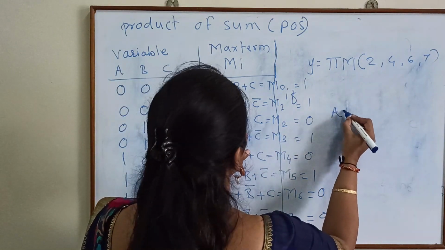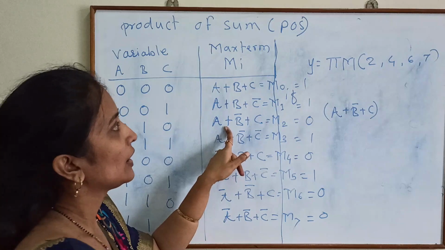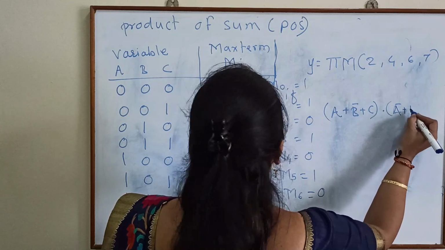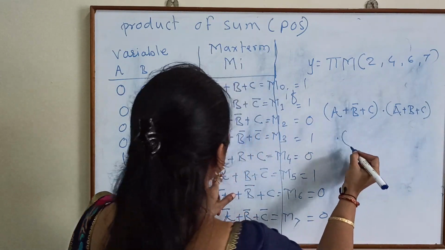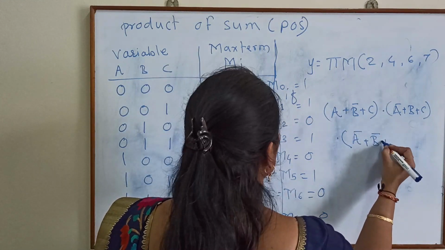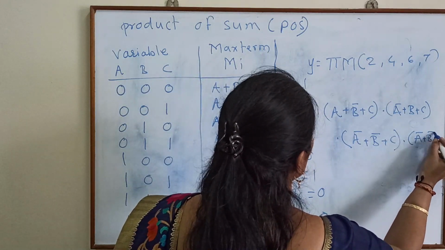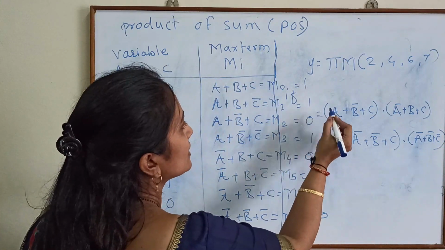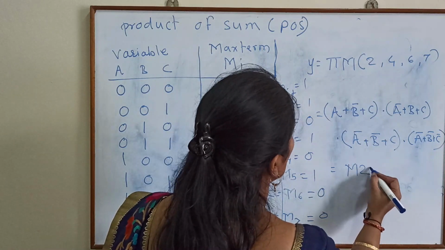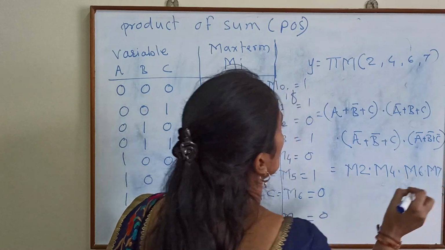Therefore, (A plus B bar plus C), first max term, into second max term (A bar plus B plus C), into third max term (A bar plus B bar plus C), into the last (A bar plus B bar plus C bar). This is your given function. Or we can write like this, capital M2 into M4 into M6 into M7.